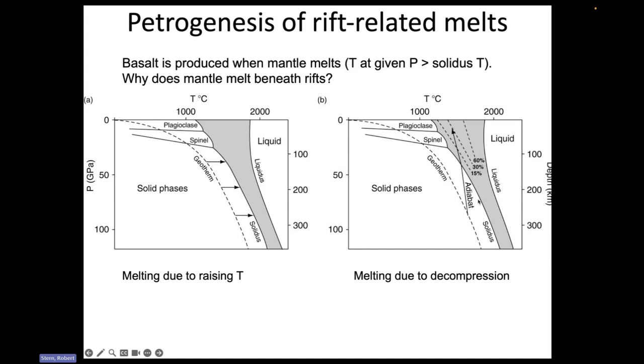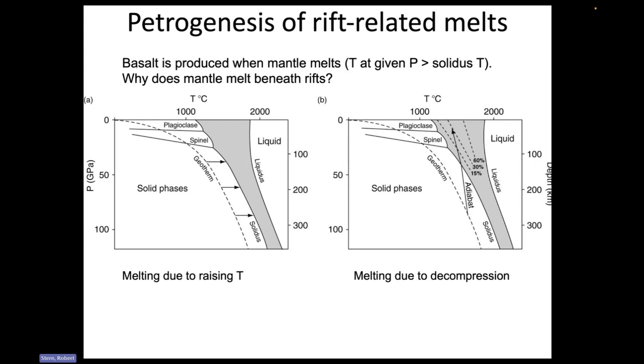All right, so what happens in a rift? Why do we get melting in the mantle? In most places, like beneath Dallas, the geotherm is well below the solidus, so there's no melting. But if we let this mantle rise towards the surface, decompress along something called an adiabat. It's a thermodynamic construction, which means that heat is neither gained nor lost.